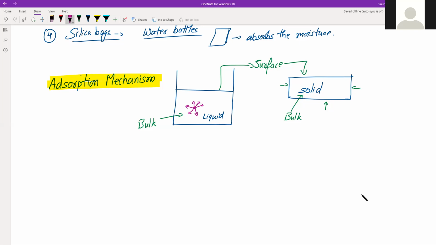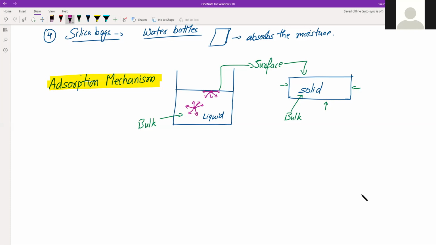But that is not the case with the liquid which is near the surface. As you can see here, the intermolecular forces of attraction by the liquid molecules are this. There won't be any such force of attraction by neighboring molecules above the surface.